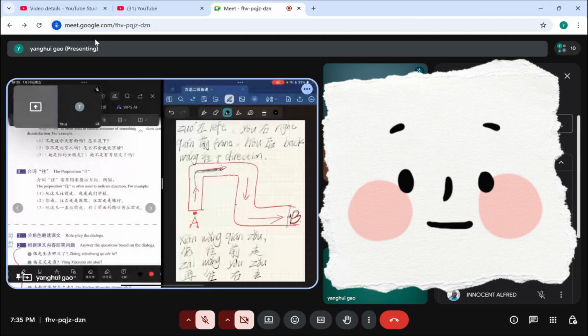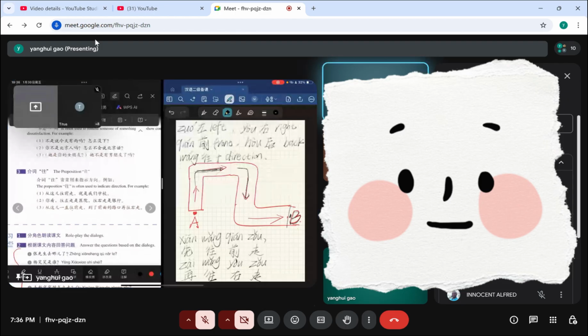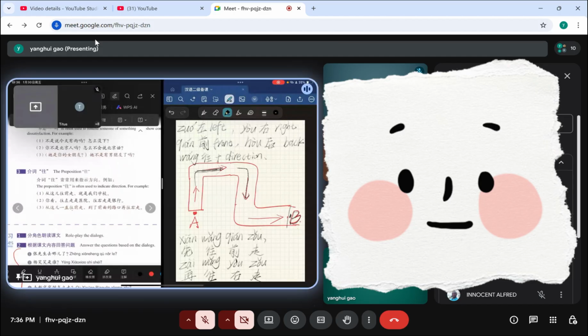Okay, so next step, and then. I think it's 再往后走. Is turn right, right? Turn.